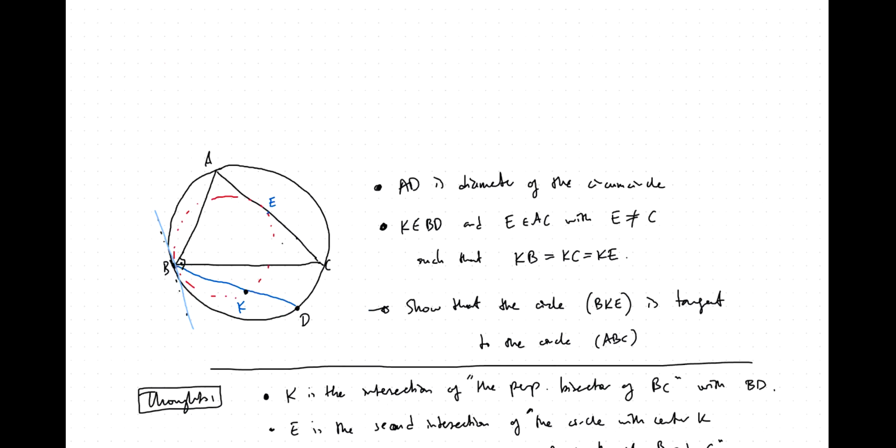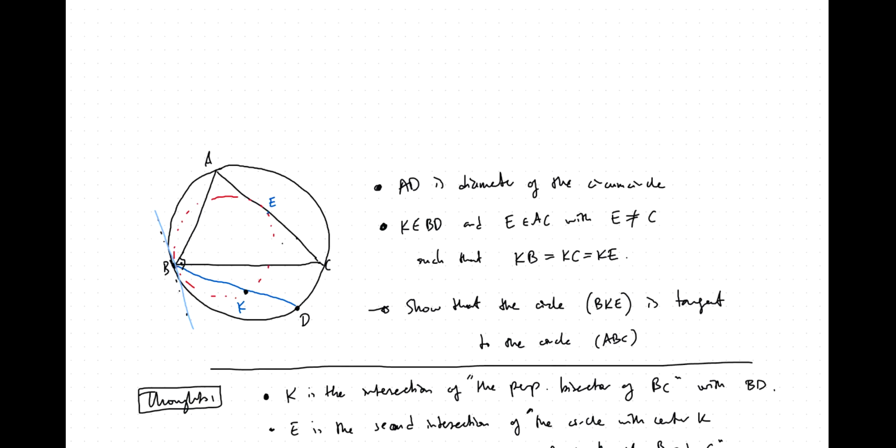We can find CBK, so it will be equal to 90 minus angle B. But then you will need to find EBC. Or alternatively, we can find angle BKC, and then angle EKC, and so we find angle BKE, and so we find angle KBE.